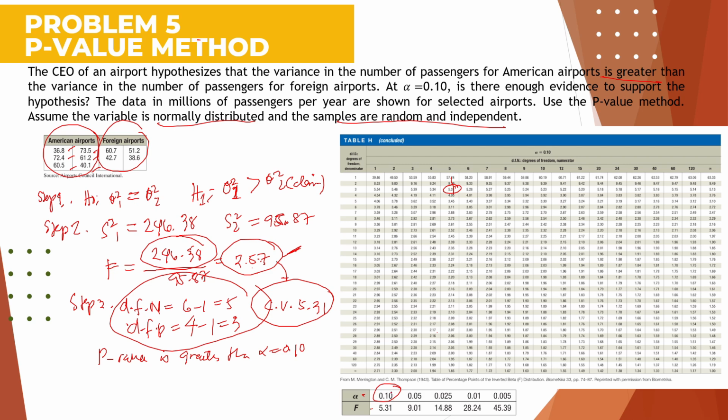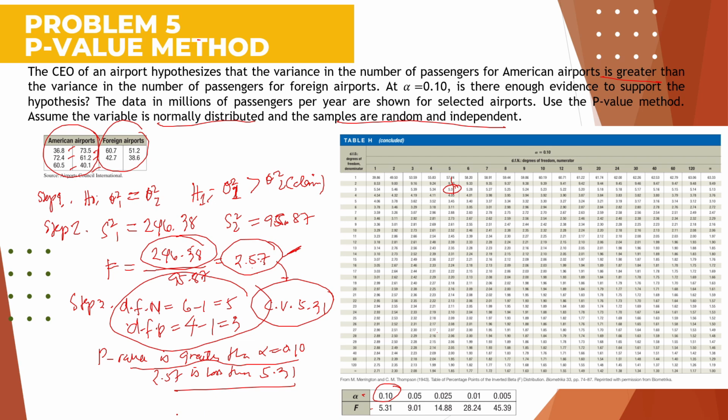Meaning to say, if the F value 2.57 is lesser than 5.31, it means that the p-value is greater than 0.10. That is inverse proportional. When the F value is getting smaller, the alpha is getting bigger.